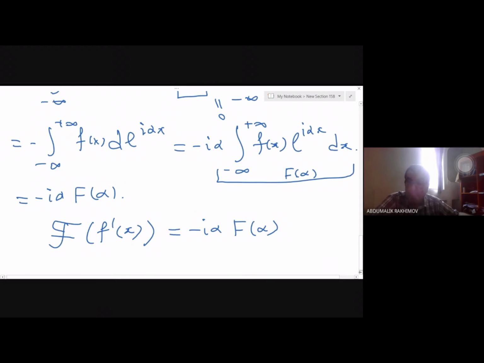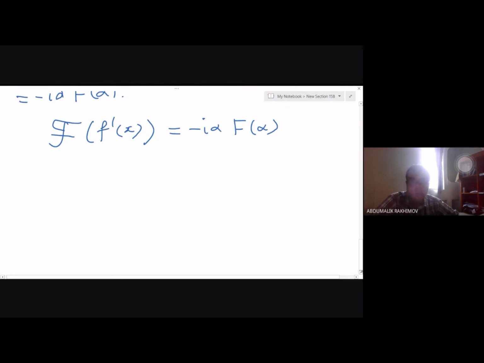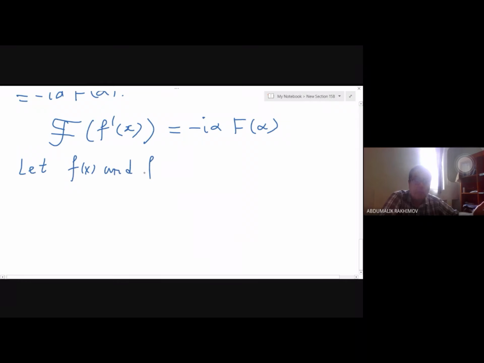And now, what is the impact of Fourier transformation for the second derivative? Let's suppose f(x) and f prime x both are vanishing at infinity, at plus and minus infinity.